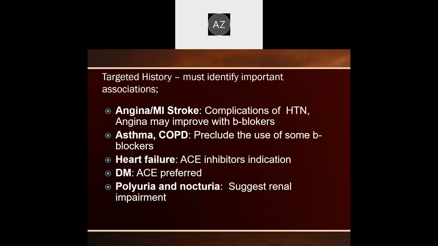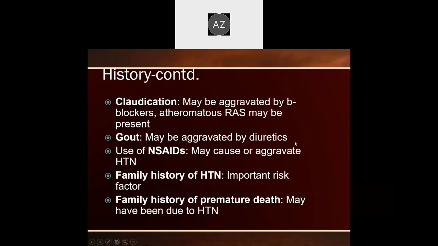And then for diabetes mellitus, we also give the angiotensin converting enzyme inhibitors. So for beta blockers, for now, we don't give to patients with asthma. But for chronic obstructive pulmonary disease, we can still give beta blockers. So that's very, very high yield.